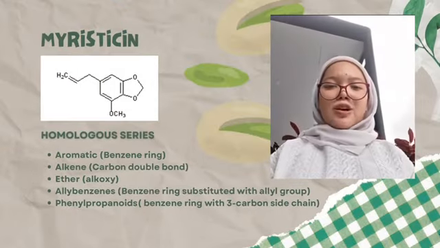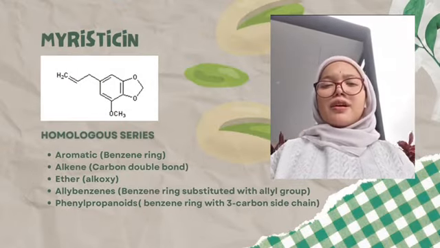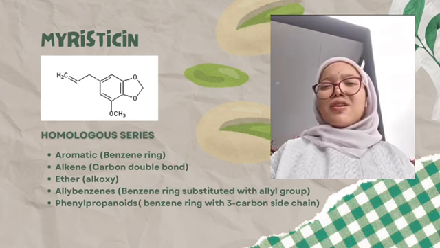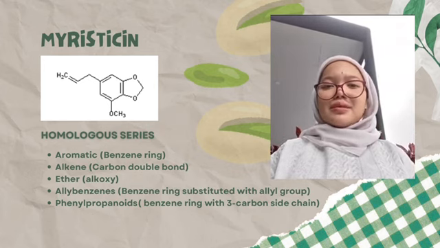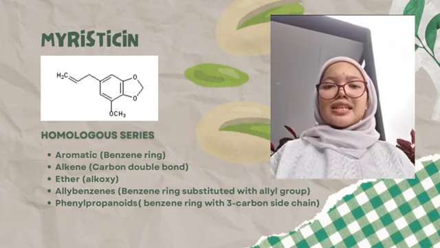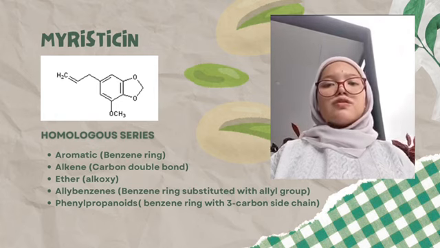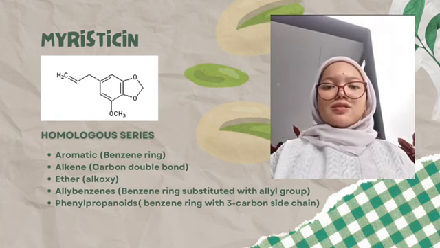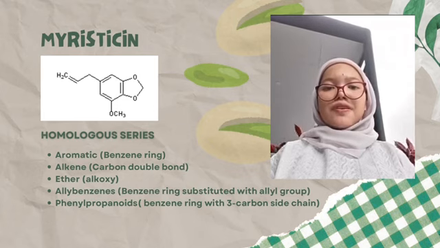This compound is called myristicin, which is a natural organic compound commonly found in nutmeg and parsley. Based on its chemical structure, myristicin belongs to several homologous series. First, it contains an aromatic ring, especially a benzene ring, which gives the compound stability. Next, the structure shows a carbon-carbon double bond, so it is also classified as an alkene.